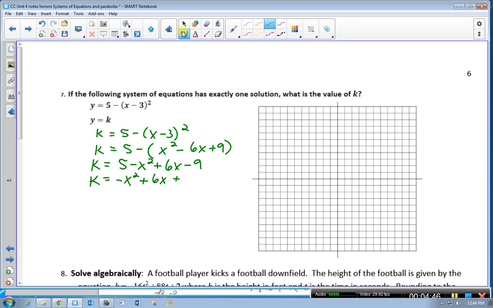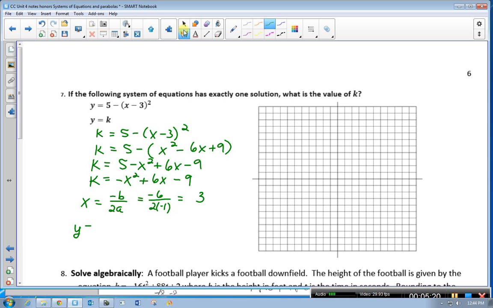Let's use the vertex instead. Let's find that axis of symmetry, x equals negative b over 2a. That's the formula to find the x coordinate using the axis of symmetry. So that would be negative 6 over 2 times negative 1. So the x coordinate of the vertex is 3.